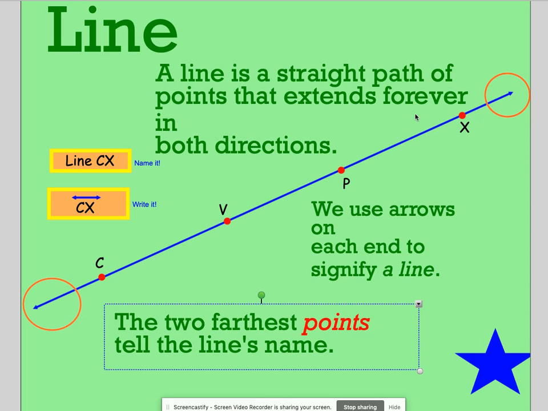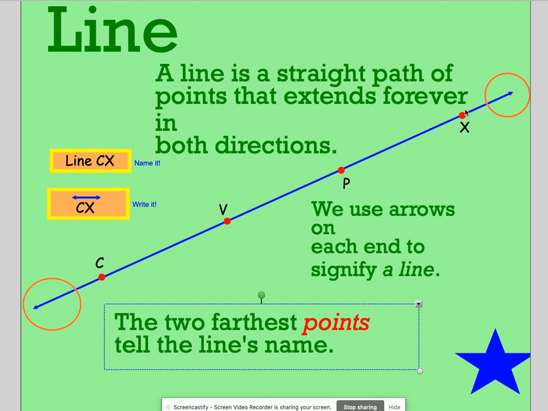In this image, you'll see there are 4 points. Whenever you see a line that has points on it, we name it with the 2 furthest points, meaning they're closest to the arrows. So we have point C, point V, point P, and point X. Point C is all the way over here on the left, and point X is all the way over here on the right.